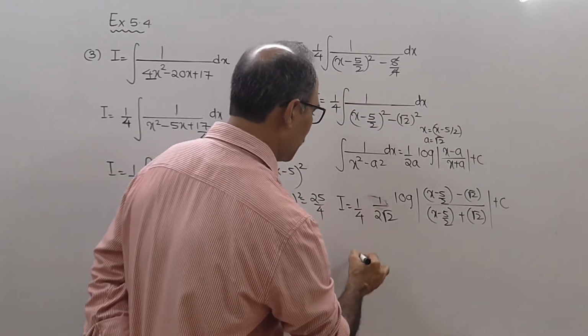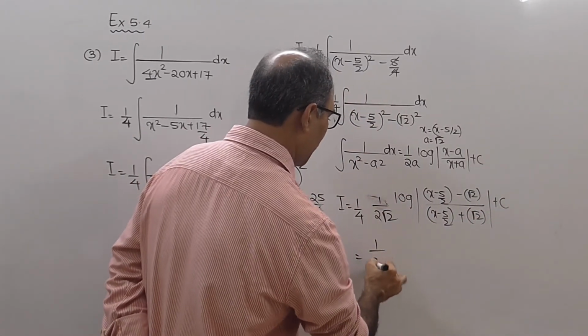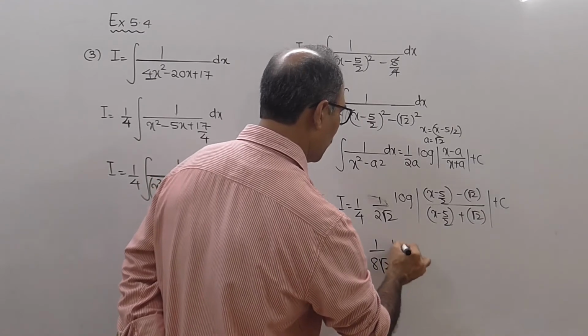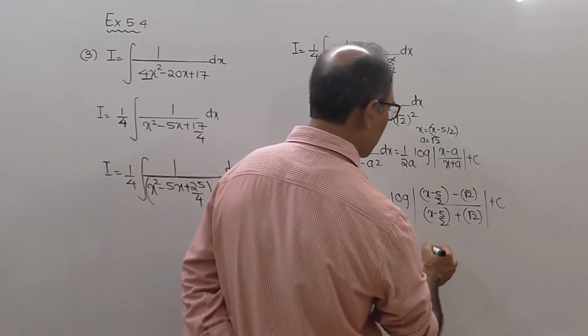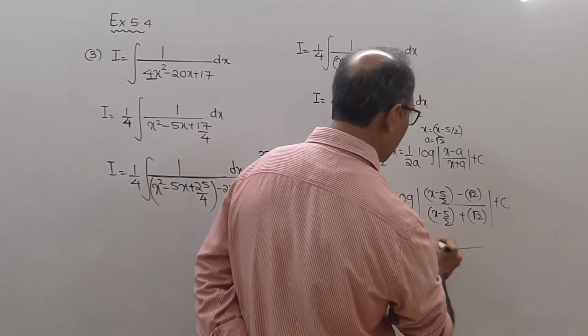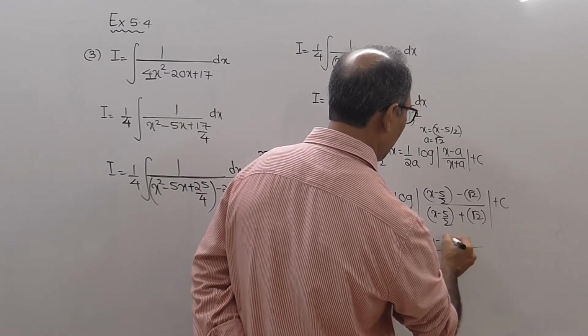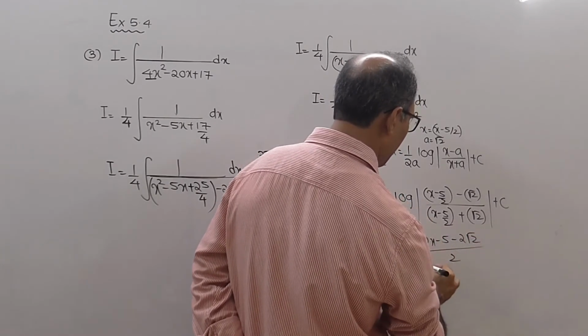okay. So at the most you can write this as 1 upon 4 root 2 log modulus, you can take 2 as the LCM, so you get 2x minus 5 minus 2 root 2.